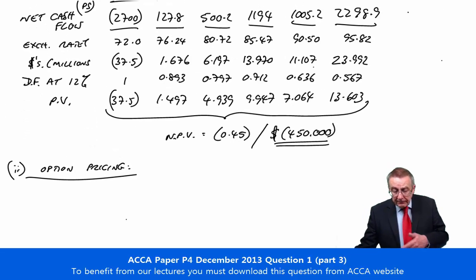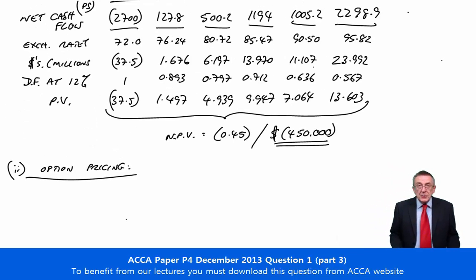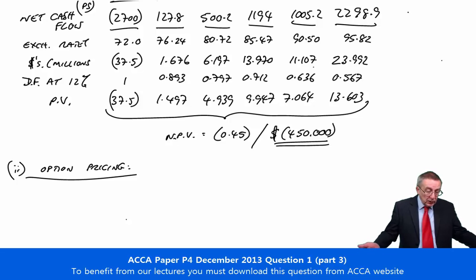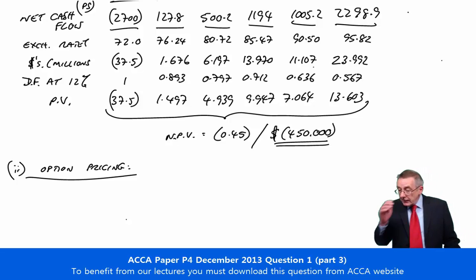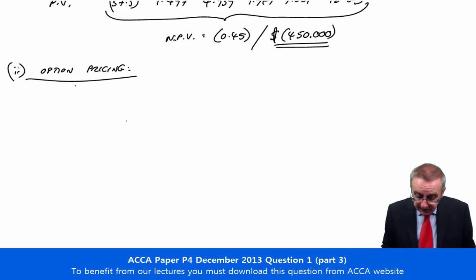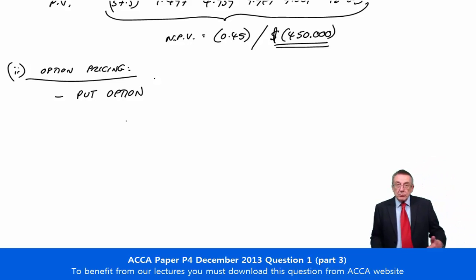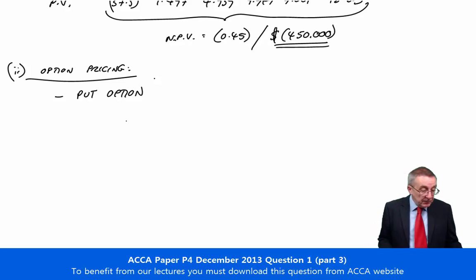Our option is that after 2 years, if we want, we're going to be able to sell the whole project. And so if it's an option to sell, surely it's a put option. Call option would be an option to buy, a put option, an option to sell. So here it's a put option.